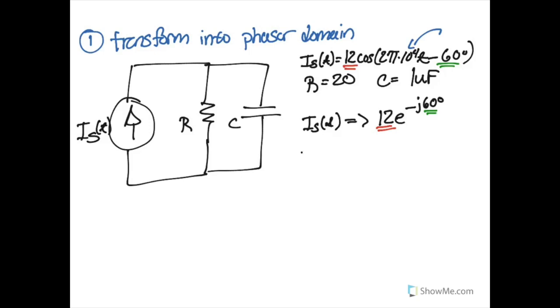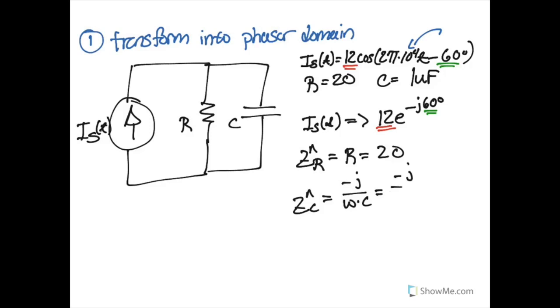We now need to transform our resistor into its phasor domain, which is just R, so its value remains at 20. We now need to transform our capacitor into its phasor domain equivalent. The result of this would be negative j over, and again the frequency is 2 pi times 10 to the 4 times C, which is 1 microfarad, so 1 times 10 to the negative 6.